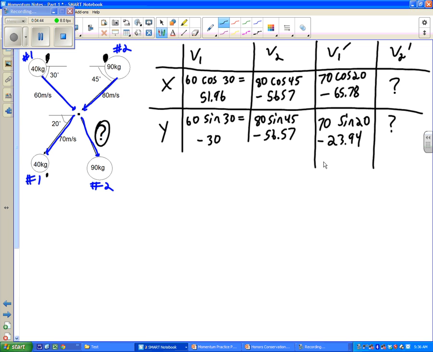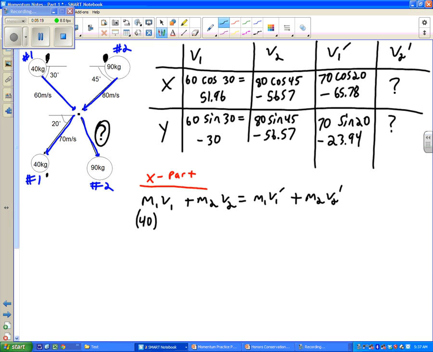Now I'm going to plug it into my equation. I'm going to do it once for the x part. So for the x part, I have m1v1 plus m2v2 equals m1v1 prime plus m2v2 prime. So I'm just going to plug in my numbers. Mass for number 1 is 40.